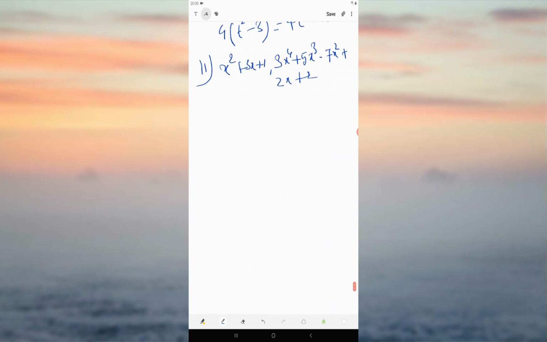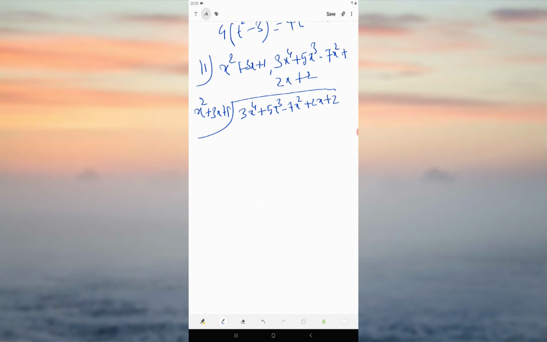I'll directly divide and you will get the same answer. So let's start. x² plus 3x plus 1 is our divisor, and the dividend is 3x⁴ plus 5x³ minus 7x² plus 2x plus 2.